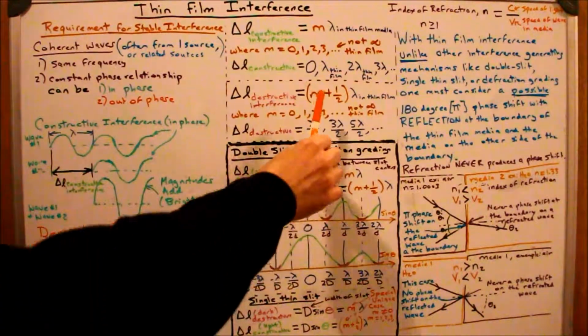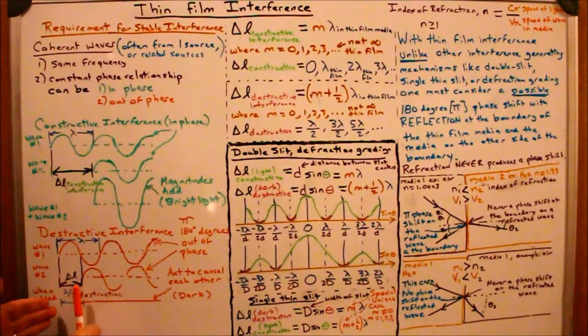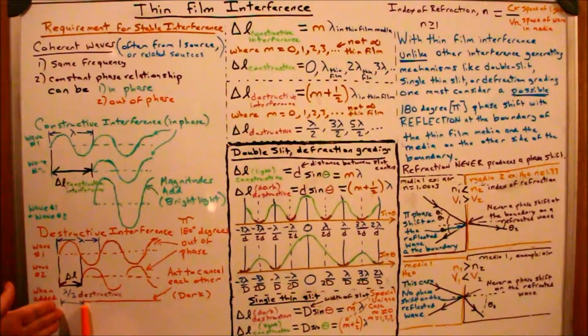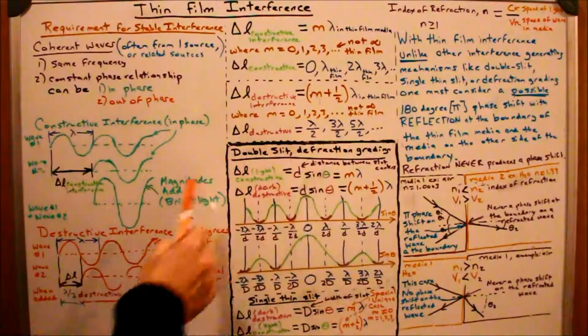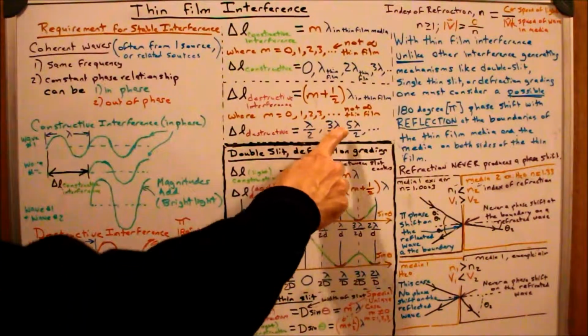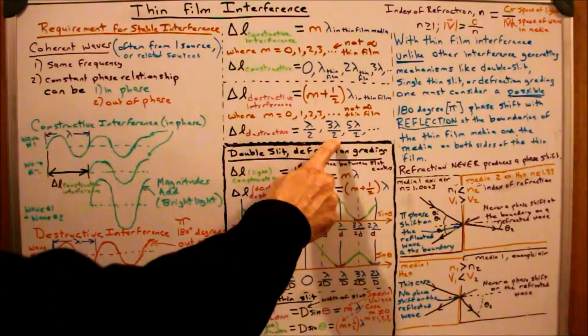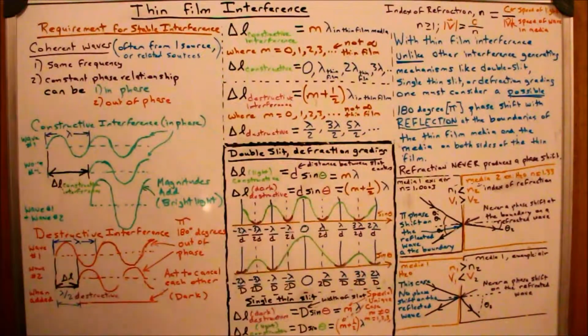As shown right here, destructive interference happens when I'm at half a wavelength. If I add another one wavelength to that half wavelength, I get 3 wavelengths over 2, which is 1.5 wavelengths, or 5 wavelengths over 2, which is 2.5 wavelengths.